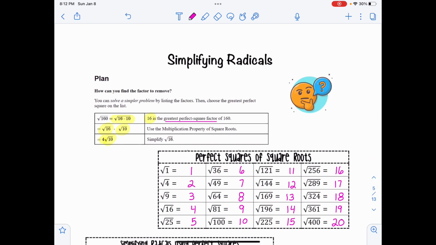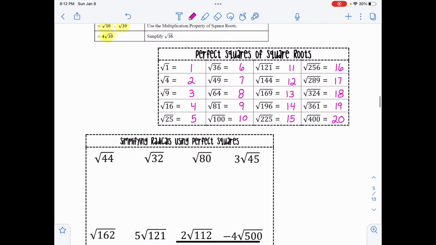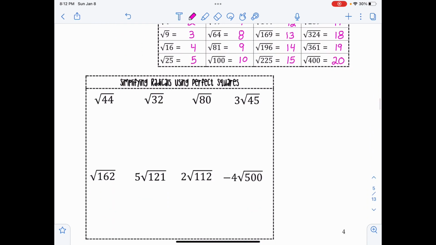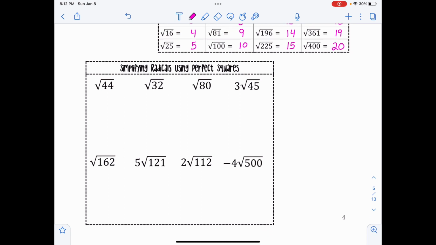And that's how we do all of these example problems here. Some of these are going to take some trial and error, but we will get through it. So square root of 44, this first one here, I'm going to rewrite as the square root of 4 times 11.